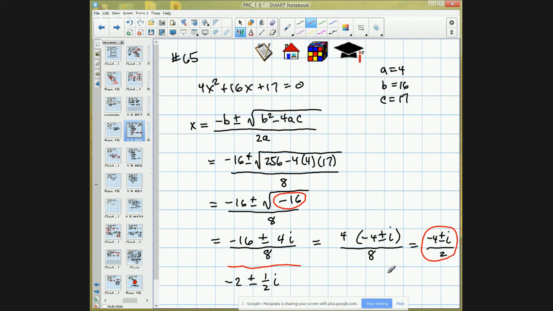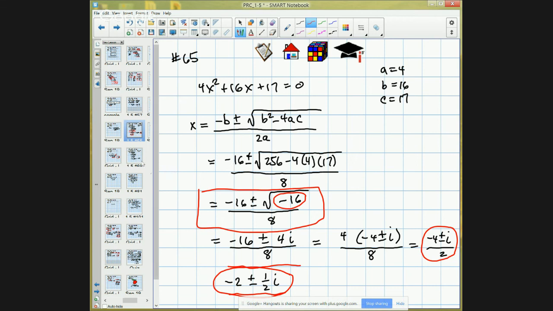You can now split that up so you get a plus bi form, divide each one by 2, and this would be your final result. So don't stop at this point right here now. And again, that's why I put it in here, because previously we would have halted there.